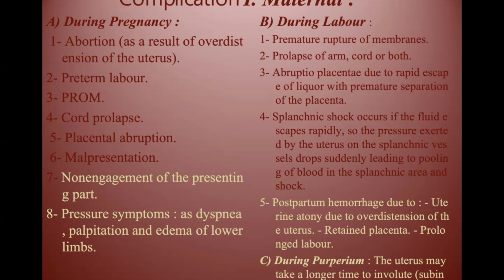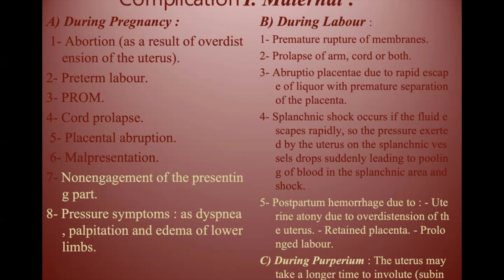Complications during labor: we may have premature rupture of membranes, prolapse of arm, cord, or both, abruptio placenta due to rapid escape of liquid with premature separation of placenta.